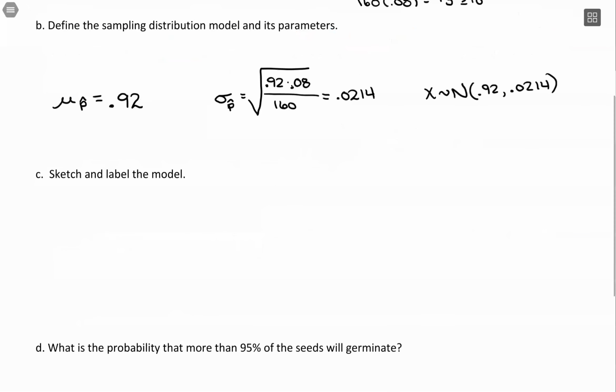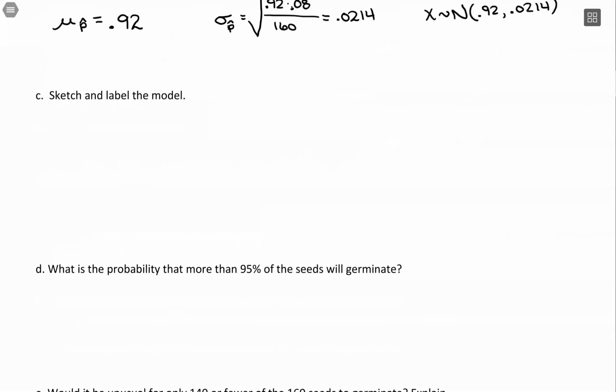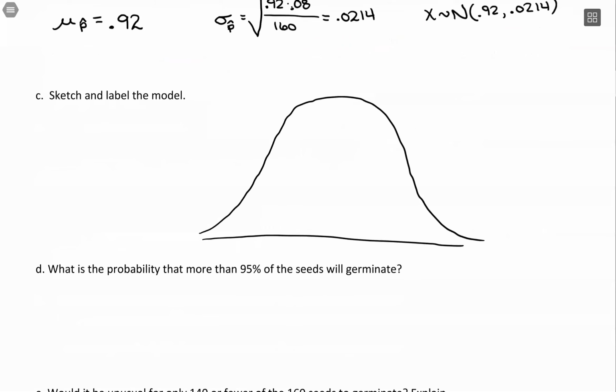All right, so sketch and label a model. We're going to have a bell-shaped curve. At the center, we'll have 0.92, and then I'll go two standard deviations above and two standard deviations below, adding on that 0.0214.